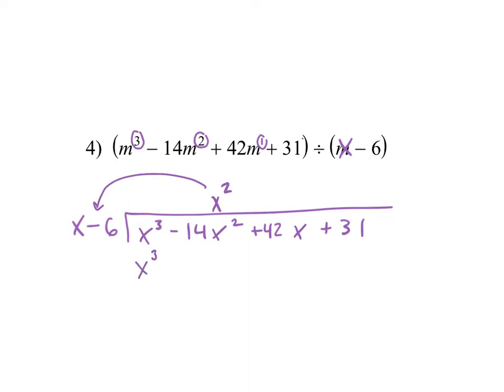What's x squared times negative 6? Negative 6x squared. What do we have to do next? Change the sign, and then add them together. What happens to our x cubes? They cancel.